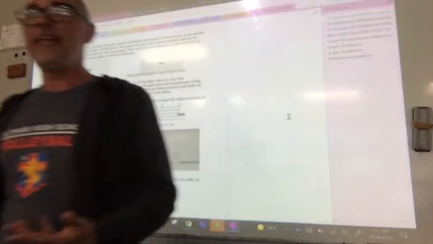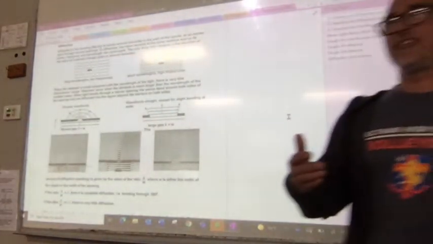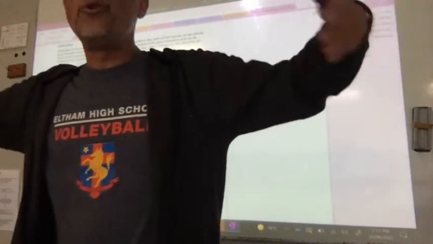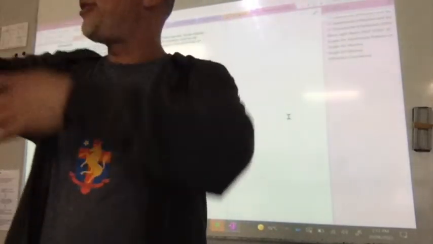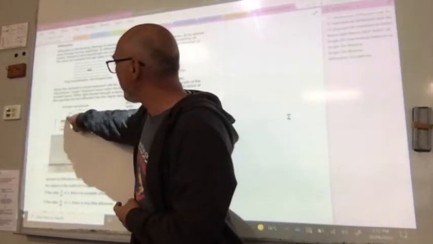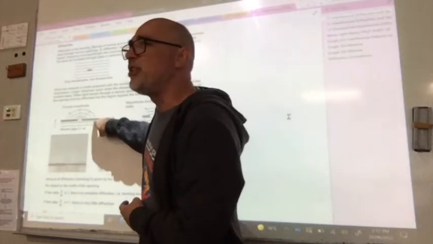Why? Because the wavelengths of those instruments are in the right order of magnitude of the door opening. So as they go through, they arc across and you end up standing over here, and you can hear the sound of the bass and the drums bending around.